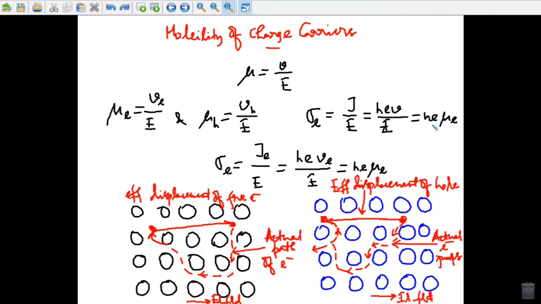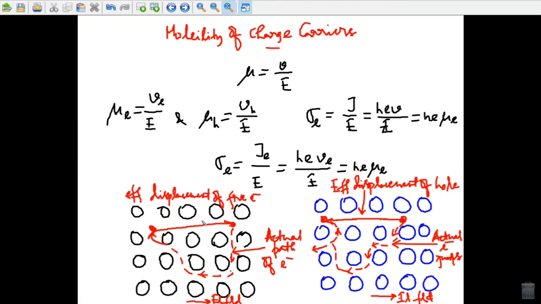So as evident from the lower picture, the left one, which shows schematically the migration of a free electron and a hole under the influence of an electric field, in both cases the electric field is in the positive x direction. A free electron moves in a random path between the atoms in a direction opposite to the direction of the field, as shown in the left picture.